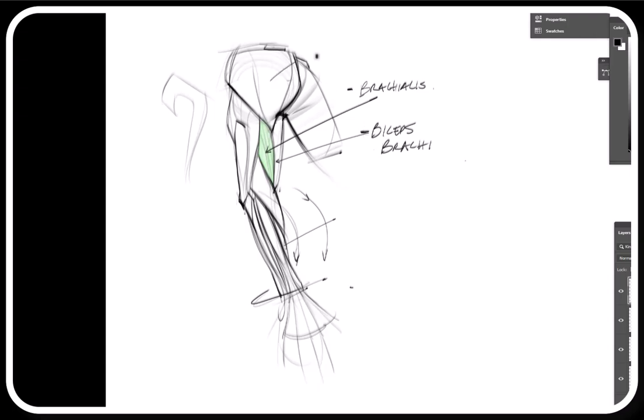And again, this mass here is of the deltoids. And I think the most important thing to remember in regards to the profile view of the arm is that the deltoids, most of the mass is on the anterior side of the arm.